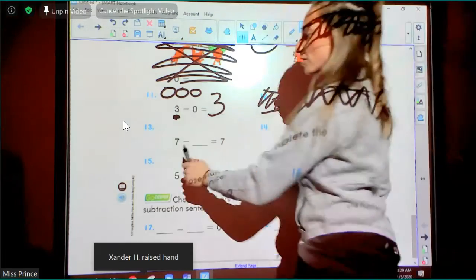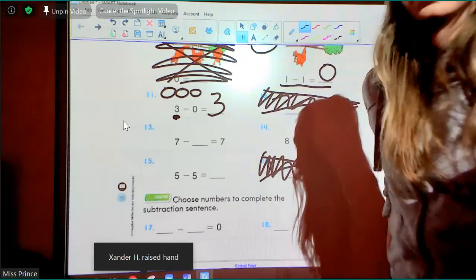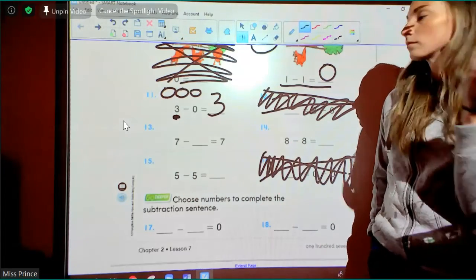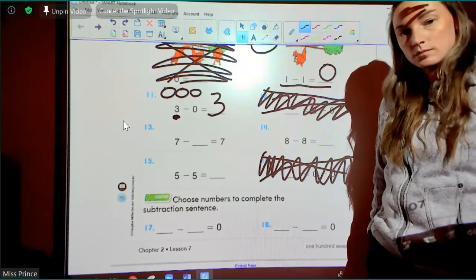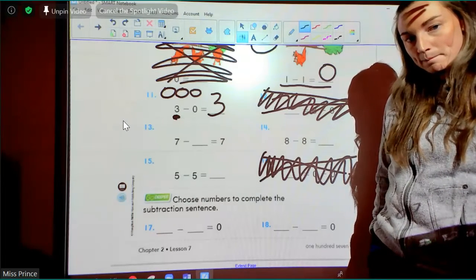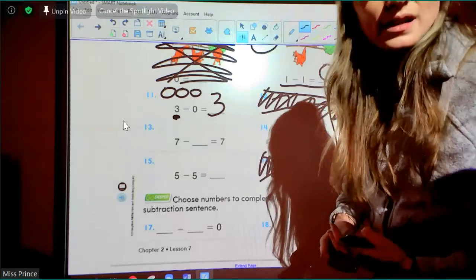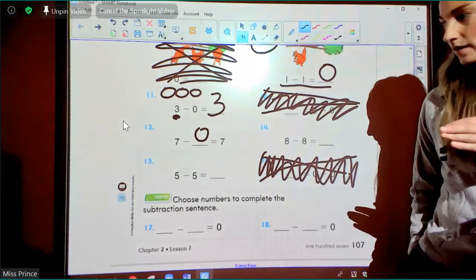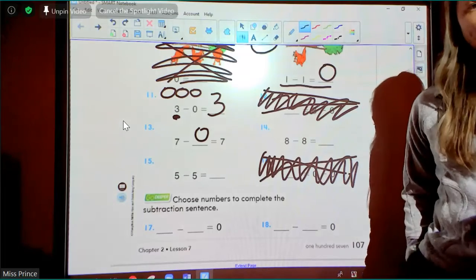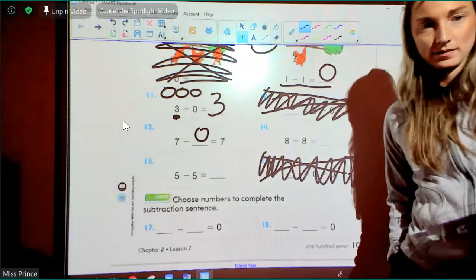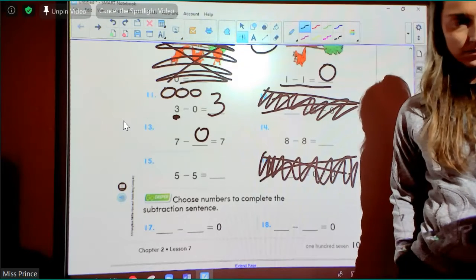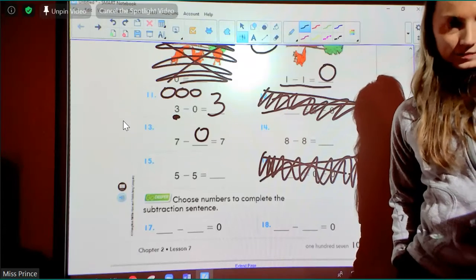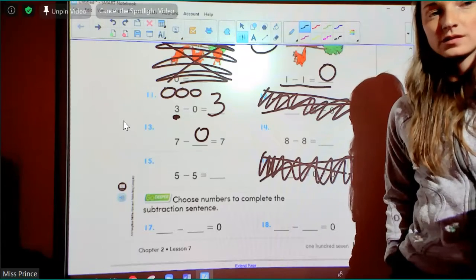Okay, problem 13. Xander, please read me problem 13. 7 minus 0 equals 7. Good job. Xander, can you tell the class how you knew this was a 0? How did you know to put a 0 right there? 7 equals 7.